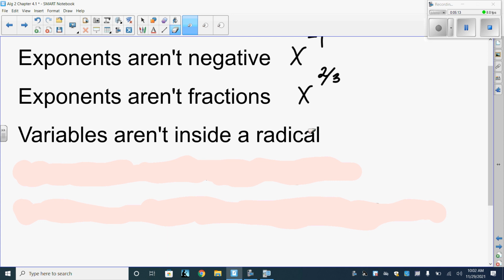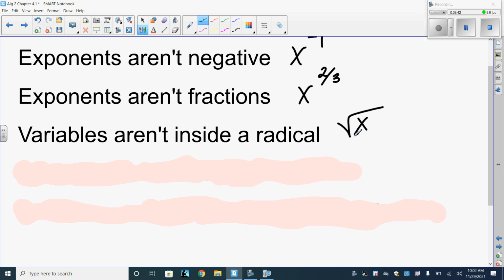The next thing is that we cannot have variables inside a radical. So it really doesn't matter the power, but we can't have like the square root of x.